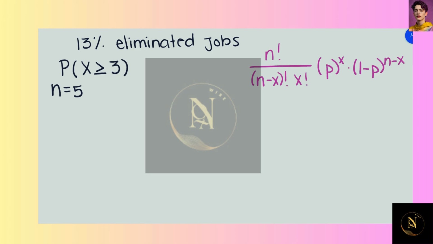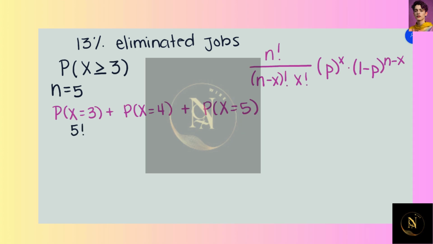So what we have to do here is find the probability that x equals 3, plus the probability that x equals 4, plus the probability that x equals 5, because 3, 4, and 5 are all at least 3. So we're going to do this formula 3 times. We're going to start with 3.